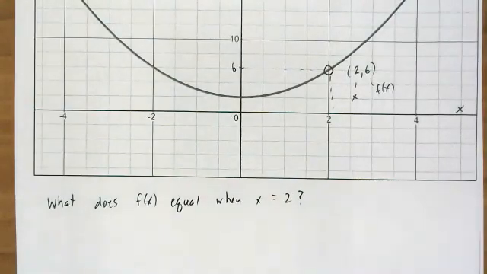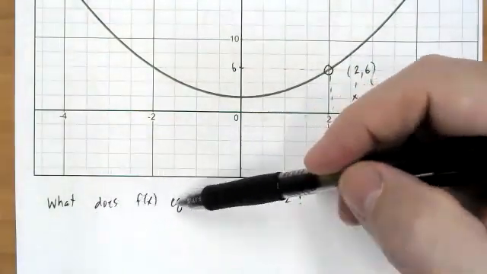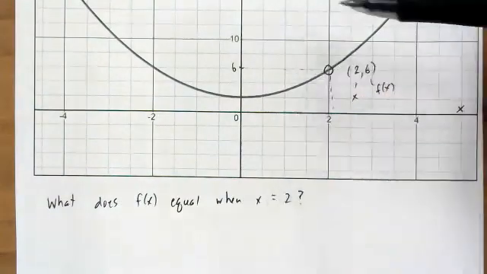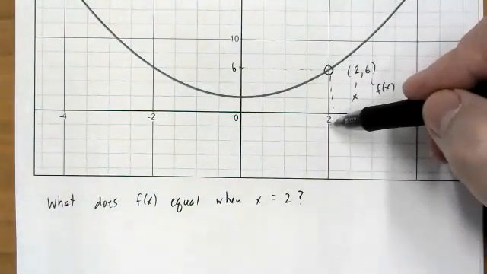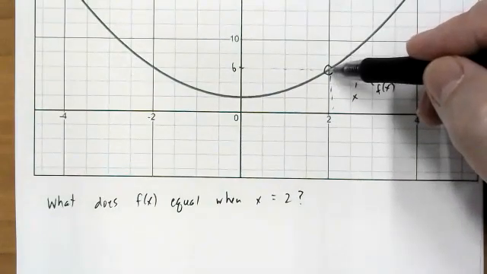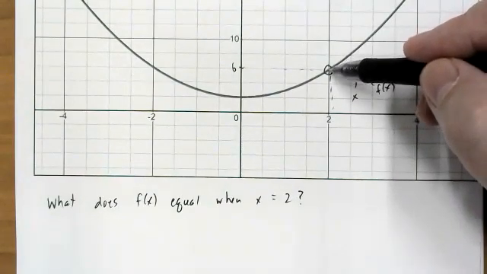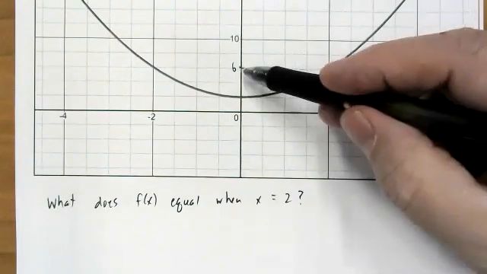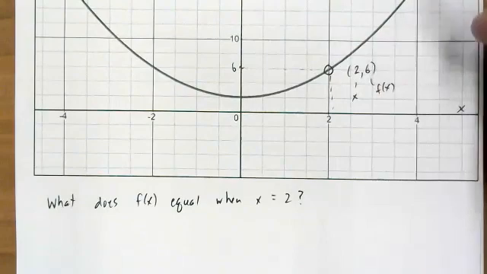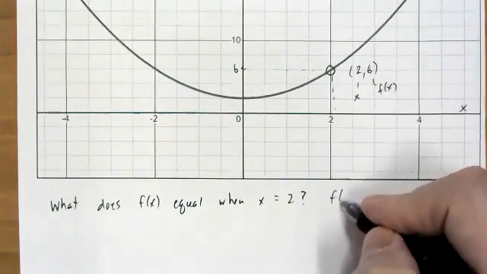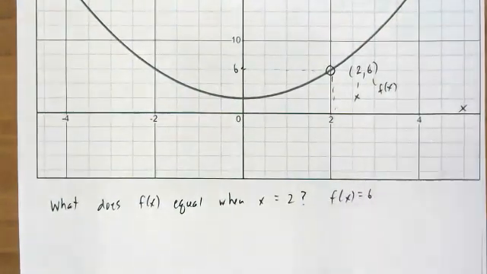Straightforward graphing. So when it says, what does f of x equal when x equals 2? The value of x leads you to that point on the graph, and then you figure out the vertical number for this point, which is 6, and that's your answer. You would say f of x equals 6.